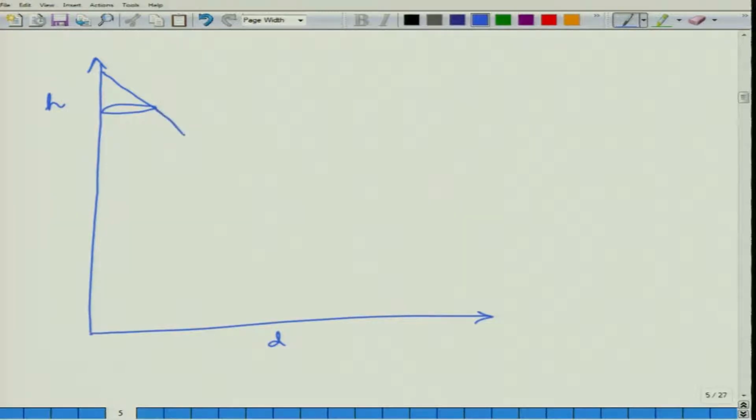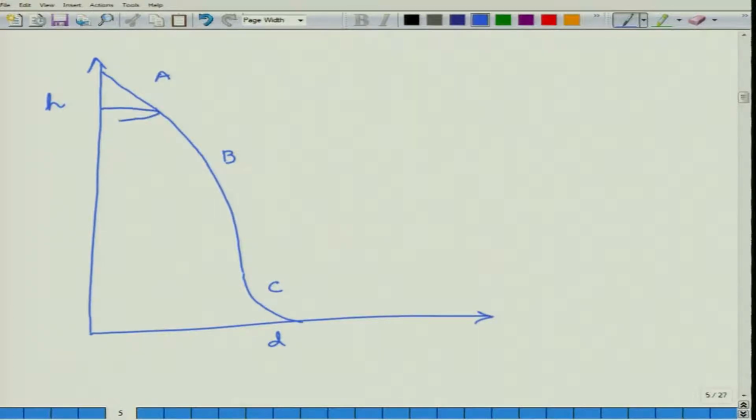Then we would have a paraboloid section. This is the second section, and then a third section that goes on like this. We call these section A, section B and section C. Section A is a conical section, and it will go to the other side as well.